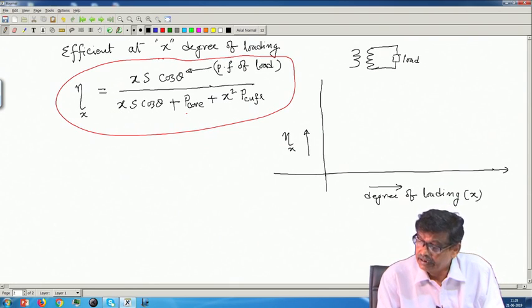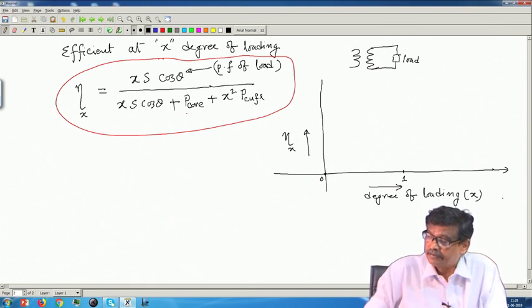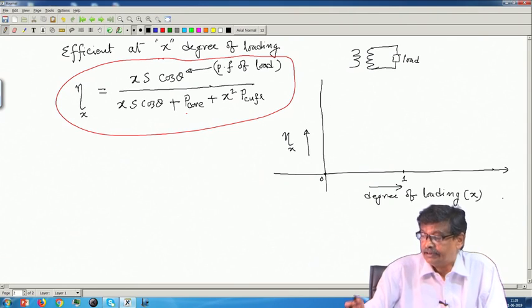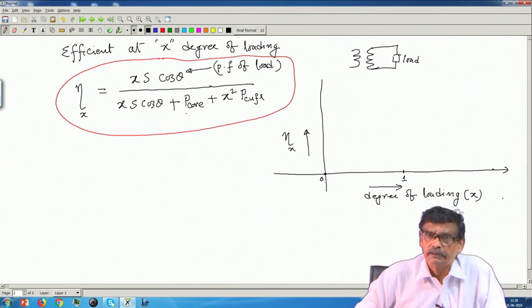Therefore, the domain of x will be from 0 to 1. If x exceeds 1, the transformer is overloaded.